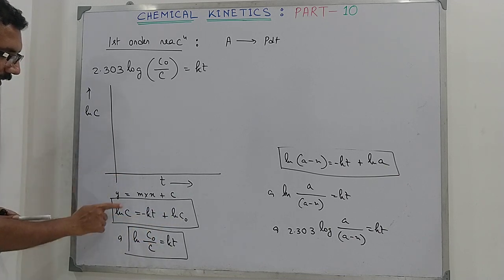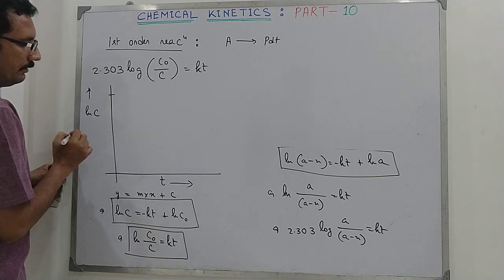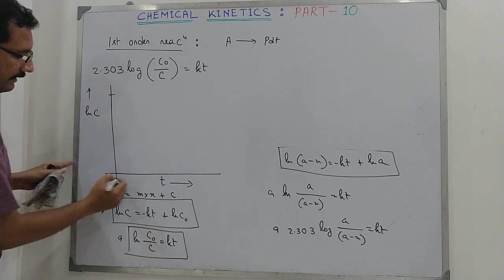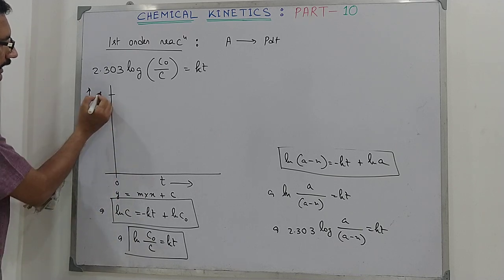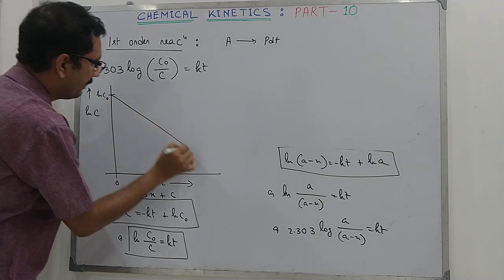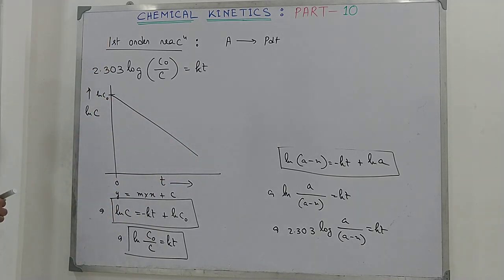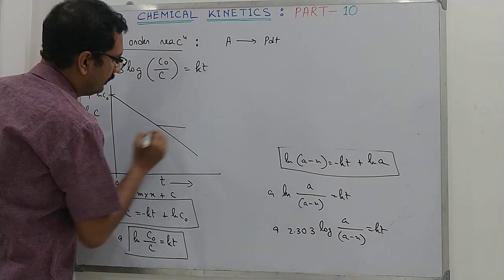So we will get a straight line with a negative slope. It will start from this point, and so at t equal to 0, ln C will be ln C0, and we will have a straight line that will fall with time. So we get a negative slope.